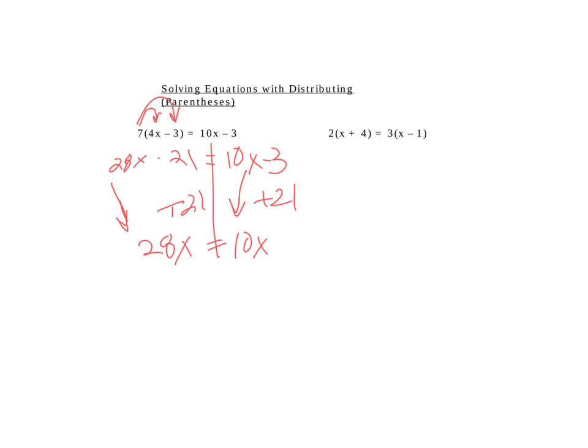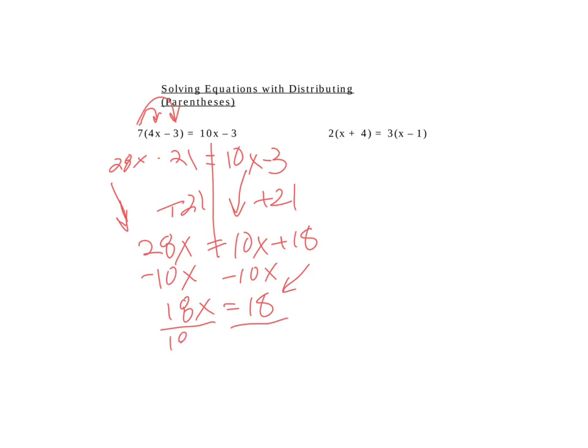Negative 3 plus 21 is a fancy way of saying 21 minus 3. So it is 18. Now, I have to get rid of this 10x, so I subtract 10x from both sides. And I get 18x equals, I bring this down to here, 18.